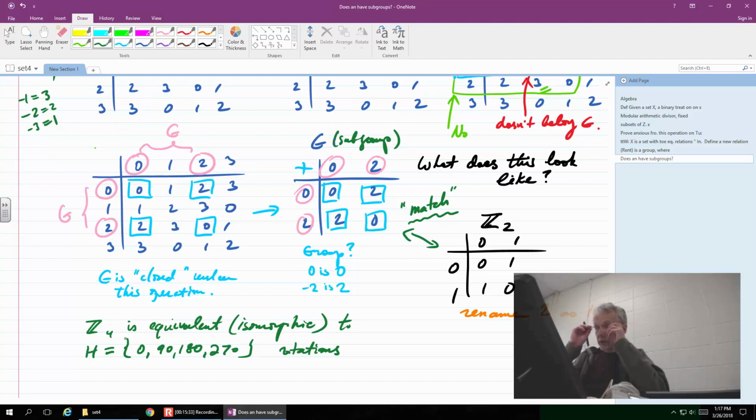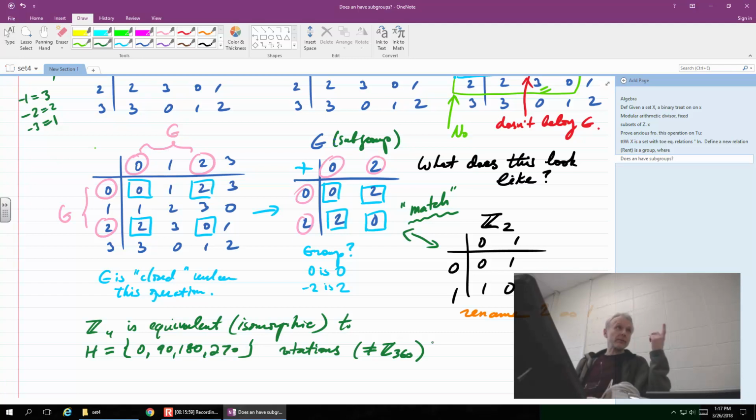And this one, H is Z4. So I don't want you to think that this is the same as Z360. It's not exactly the same. Why not? Z360 will add up to 360 and become 0, right?